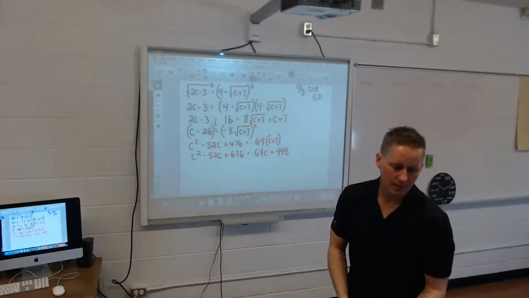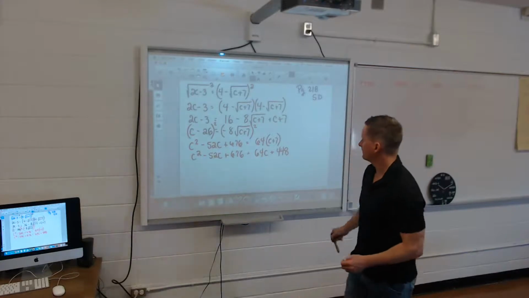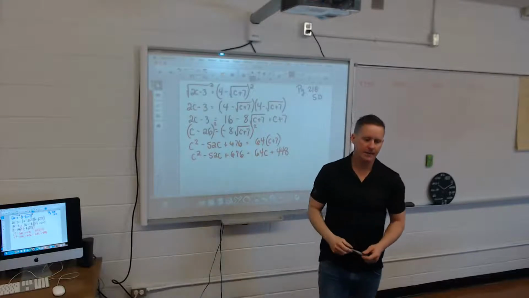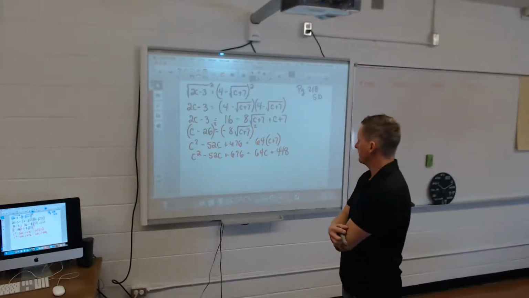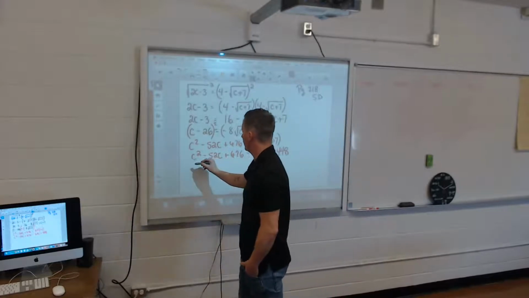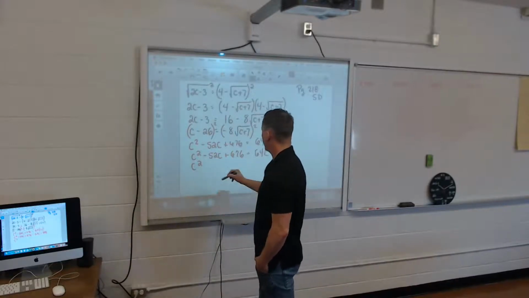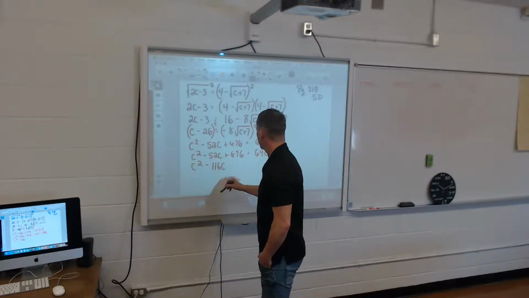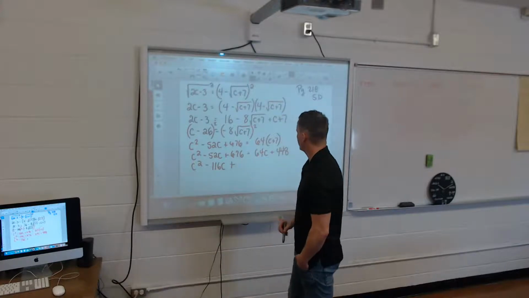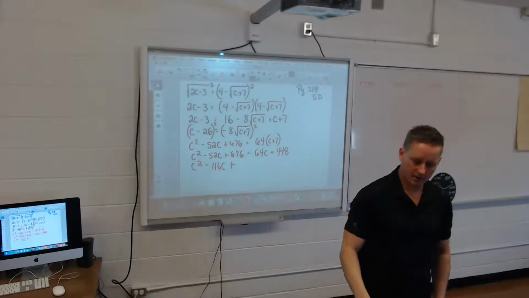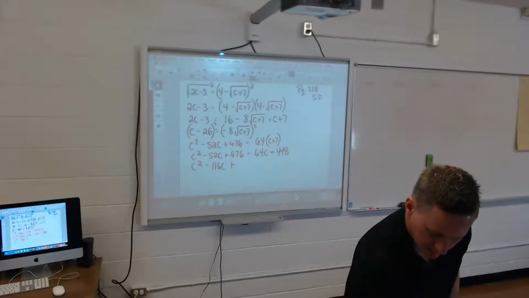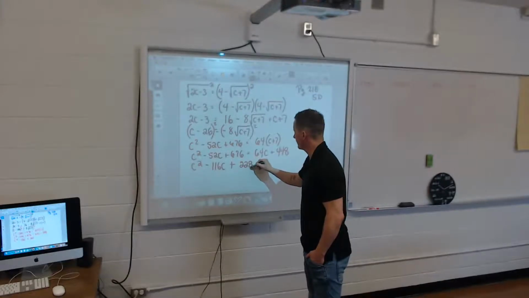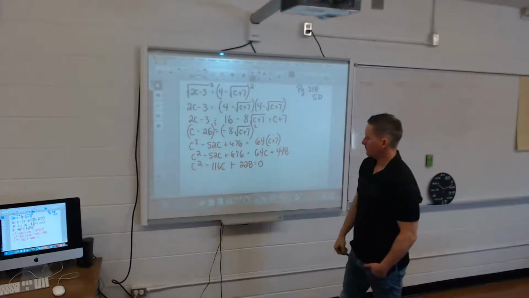Okay, so I've been able to get rid of my square roots. Now it comes back down to factoring again. Get everything to one side and factor. So this gives me c squared minus 116c, and then plus 676 minus 448, 228, equals 0.